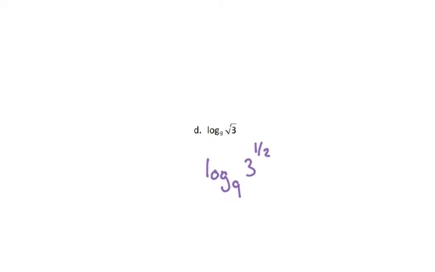Well, one thing you can do is say it's equal to something. We'll call it x. And then we can plot it. So 9 to the x equals 3 to the 1/2.